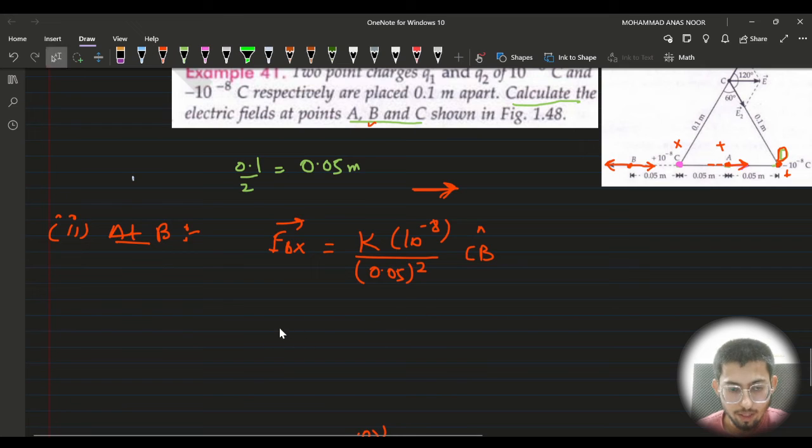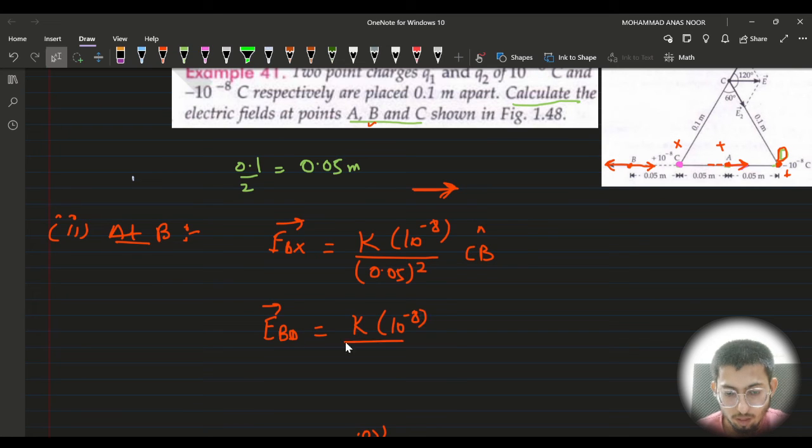Okay, so this is done. Now for the next, electric field at B due to this D, it would be K Q on R square. So R in this case would be this plus this plus this. So 1 plus 0.05 it would be, isn't it? So it would be 1.05.